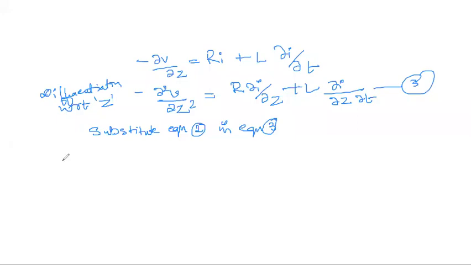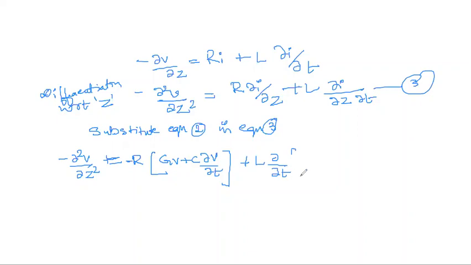When you substitute it, it will be minus ∂²V/∂z², which is equal to R, and this whole ∂I/∂z will be minus, I'll take it outside, (GV plus C ∂V/∂t). This is from the second equation, plus again L into ∂/∂t. I'll take it outside.